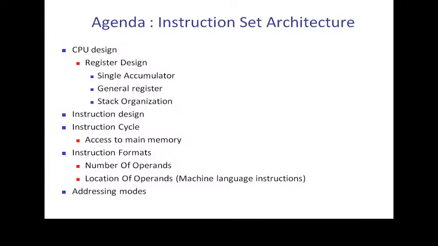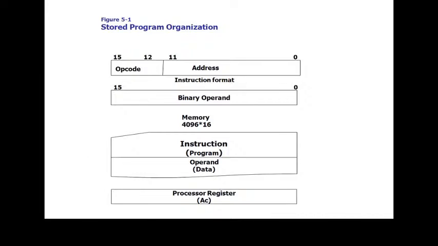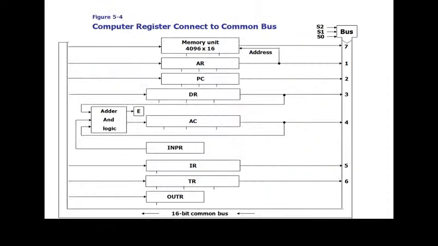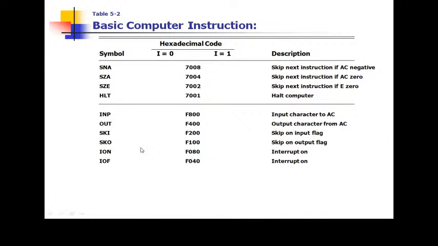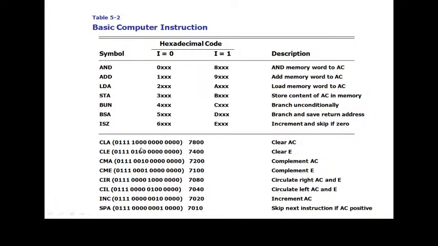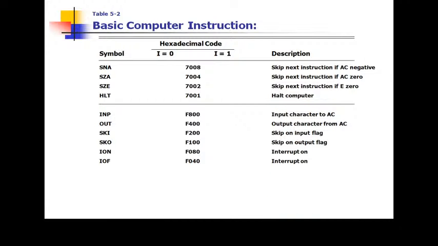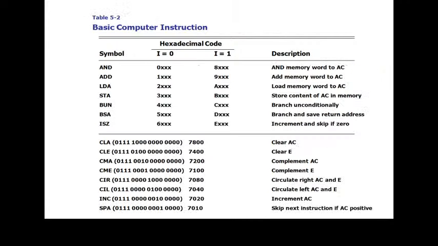Now let us discuss various instructions in terms of the location of the operand. When it comes to the location of the operand, there are three different kinds of instruction formats. One is memory reference instructions, second is register reference instructions, and the third is IO instructions. For memory reference instructions, the operands will be available within the main memory.